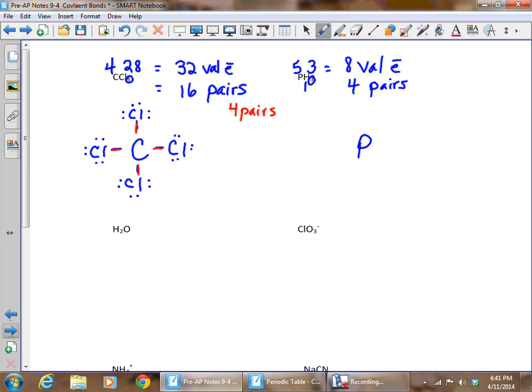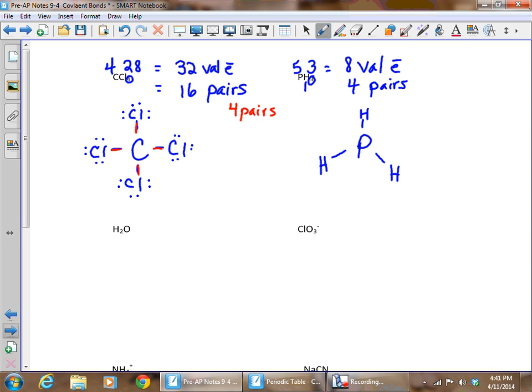There are 3 hydrogens, so we're going to put them around here in a triangular form. Now, keep in mind, we are not looking right now at molecular geometry. That's not for a couple of days away from this. We're just simply getting a basic structure. So we may find out once we get into molecular geometry that these look very differently than what we're portraying them on paper right now.